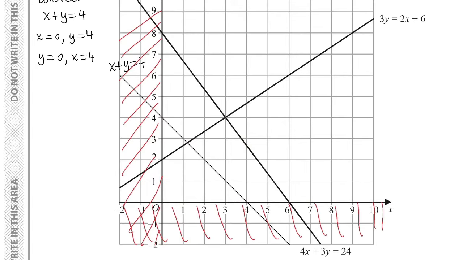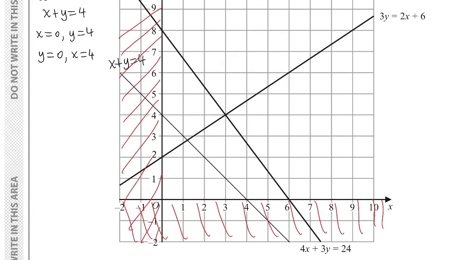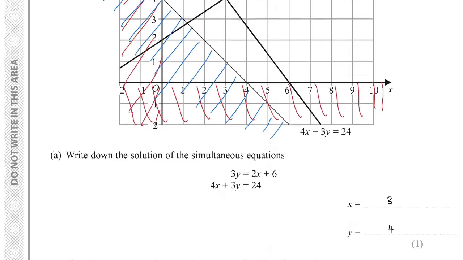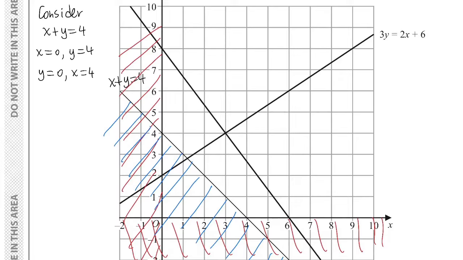Now, looking at the slant lines, x plus y greater than or equal to 4. This is the line x plus y equals 4. We want x plus y to be greater than or equal to 4. We want to be above, so I will be shading this way. So I always shade the unwanted, leaving the wanted region clear. Then we have that 3y is less than or equal to 2x plus 6.